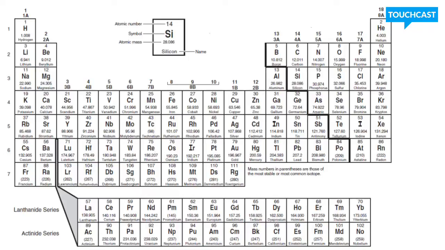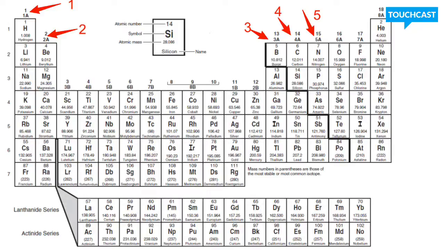Now, if you look at the top portion of the periodic table, right below every group number is a number that says like 1A, 2A, 3A, something like that. That will basically tell you the number of valence electrons in that group. Now, that number, 1A, 2A, 3A, below the group number, is the number of valence electrons in that entire group. So for example, everything in group 1 has 1 valence electron.